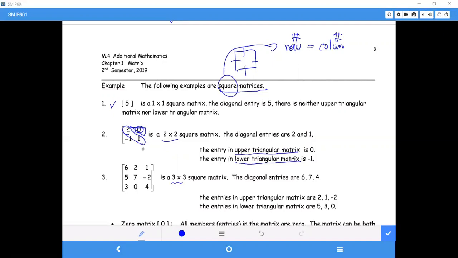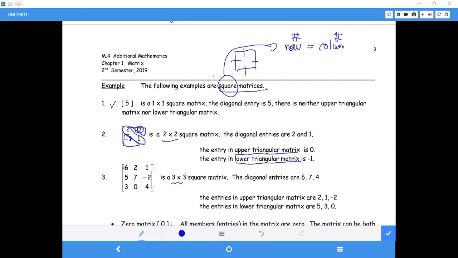I'm sorry, my art skill is so bad. It doesn't look like a triangle at all. That one we call the upper triangular matrix, and it's a 0. Down there you have another triangle, which we call the lower triangular matrix, and then it's -1.